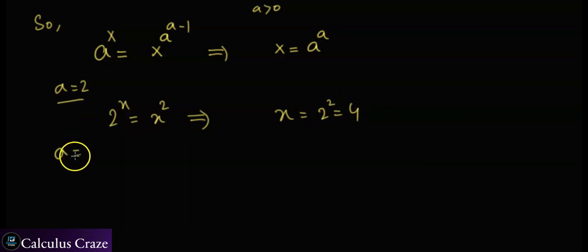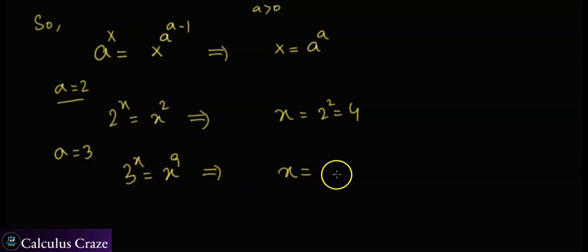If someone takes a to be 3, then 3 to the power x equal to x to the power 3 squared, which is 9, right? You put the value in place of a, so this is going to be the equation, and the solution should be x equal to 3 to the power 3, which is 27.